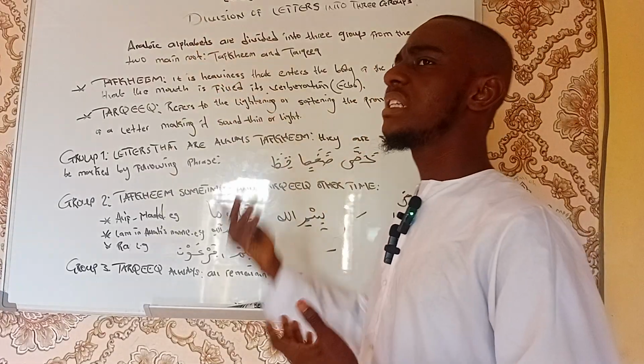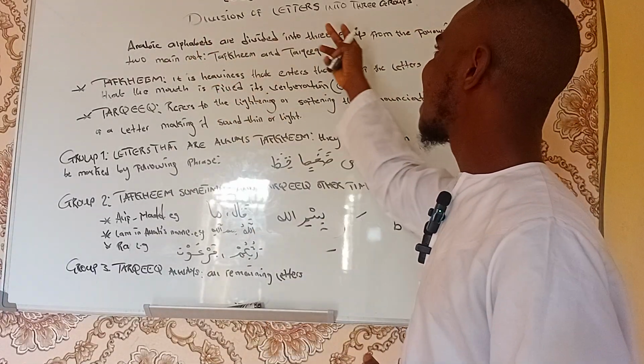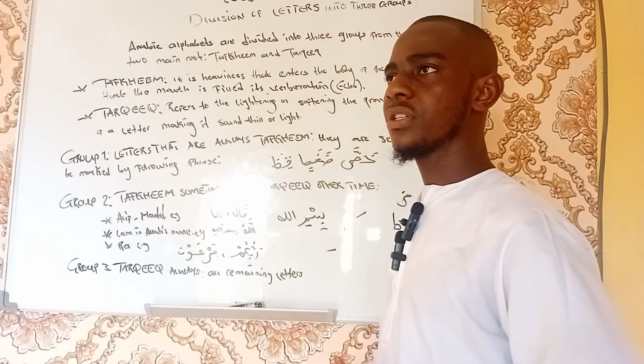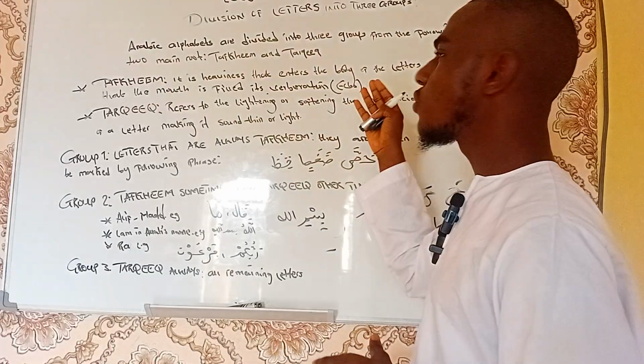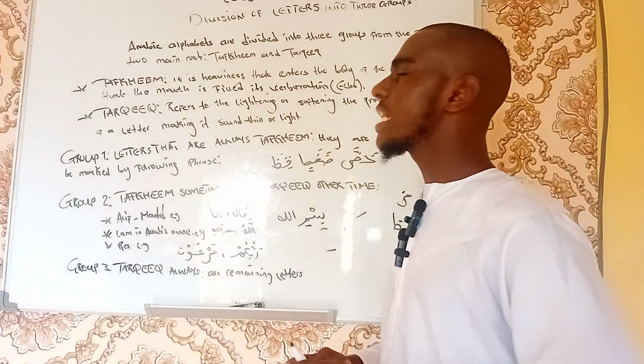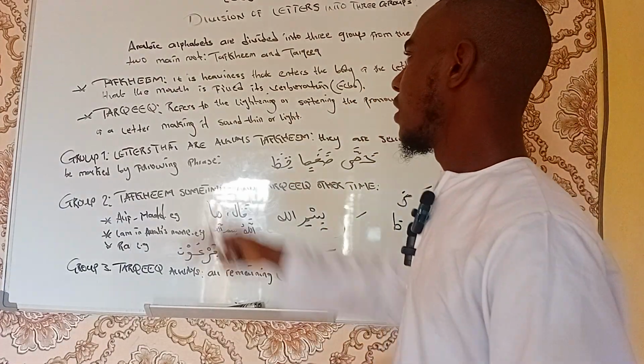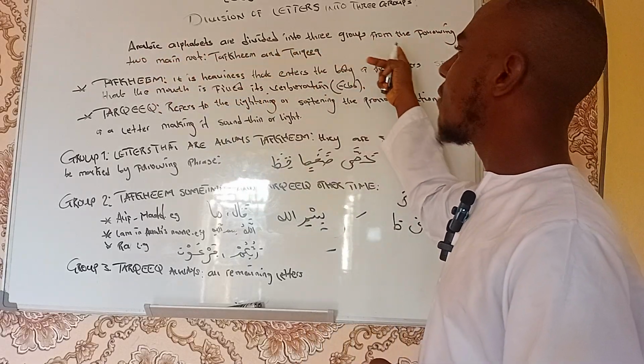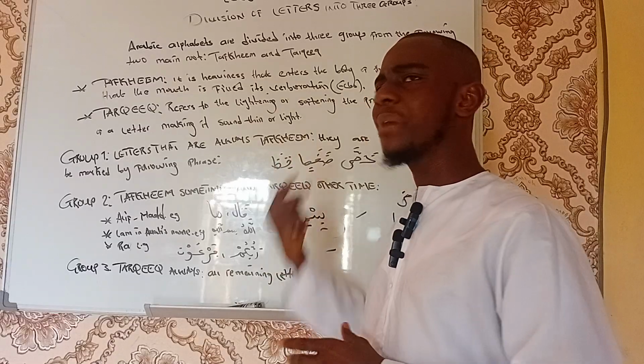So now we talk about the division of letters into three groups. The letters of the Arabic alphabet are divided into three groups, and we can explain those groups. They say the Arabic alphabets are divided into three groups from two main roots, Tafkheem and Tarqeeq.